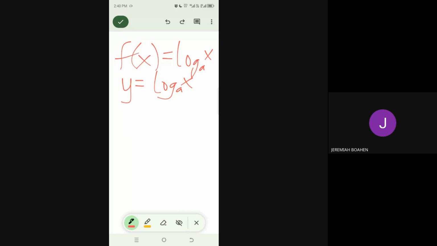So we can let y be equal to this logarithm. We are saying y is equal to ln x over ln a. So after that, you find ln of both sides.